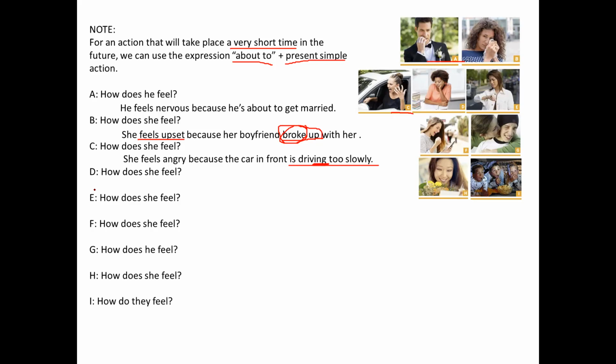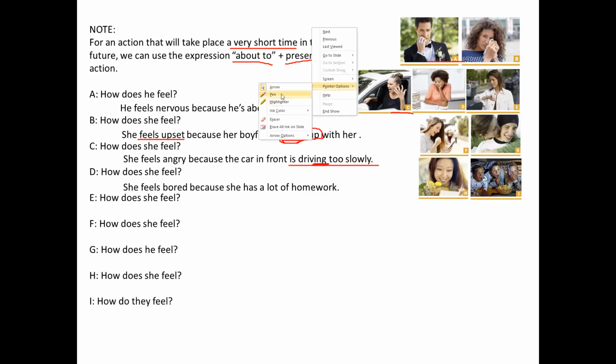Okay, let's go and look at the answers here. Picture D. How does she feel? She feels bored because she has a lot of homework. This is a fact. It's a true fact.